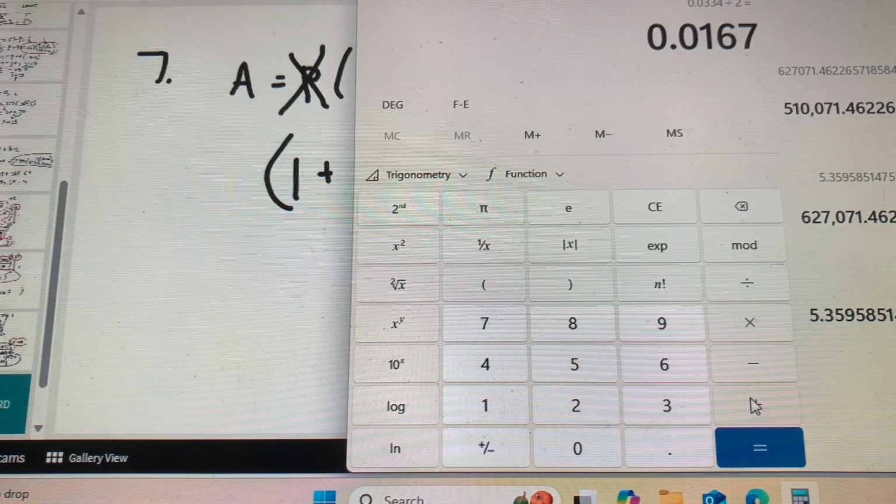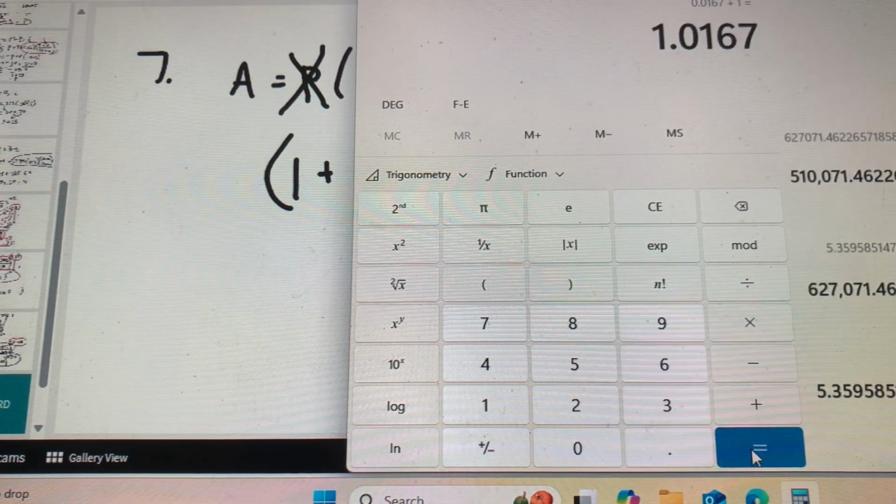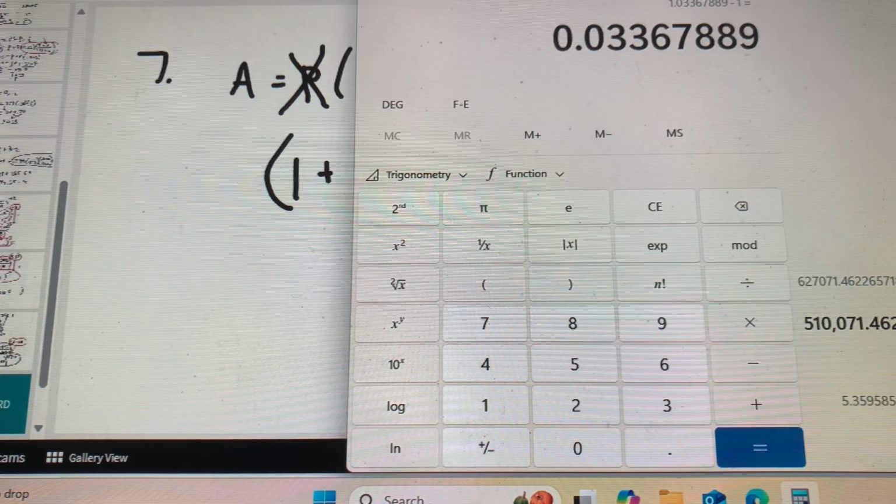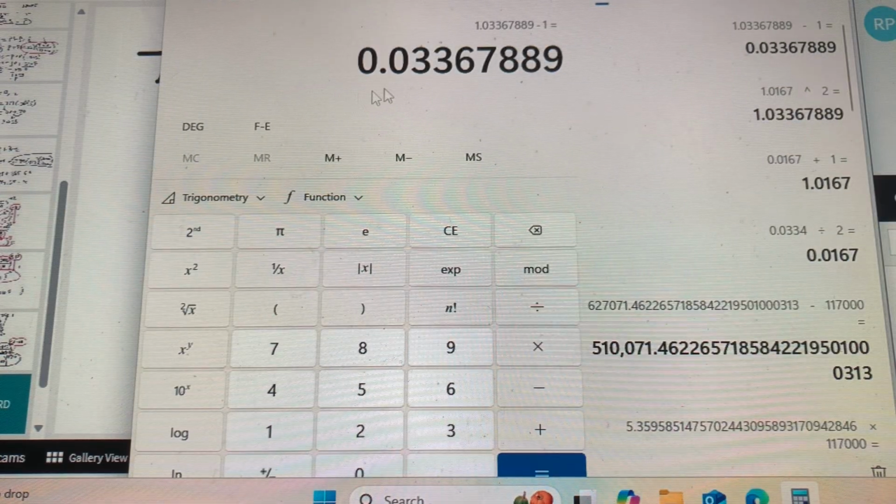Add 1 to it, so that it's 1 point whatever it is. Raise it to the second power, because there is no t. And yeah, that's it. There's nothing to multiply in front by. But then we want to get rid of the front one, so if you minus 1, that gets rid of the front one. So this is what's called the effective rate.